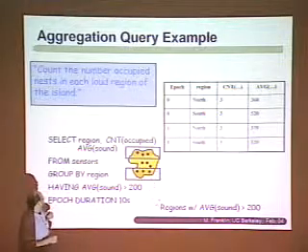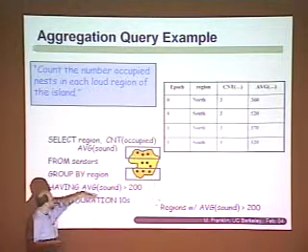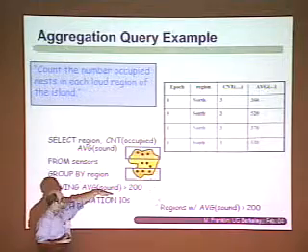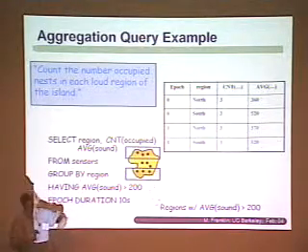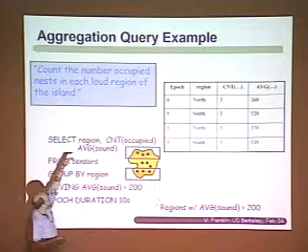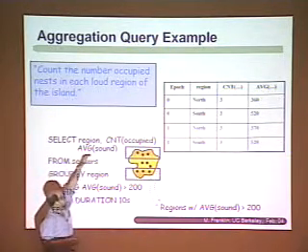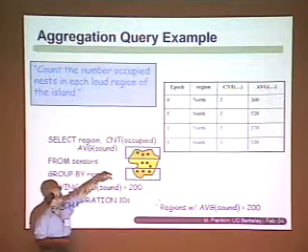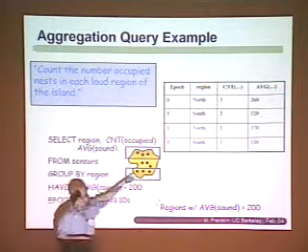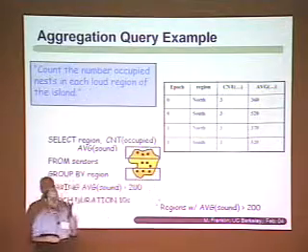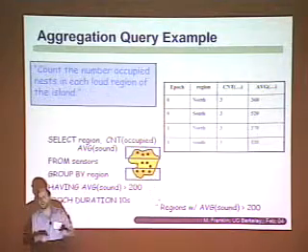And I'm not interested in every region. I'm only interested in regions that are loud, okay, so above where the average sound of the sensors in that region is above a certain threshold. And for those, I'm going to return which region it is, what the average sound reading at each of the sensors in that region is, and also another aggregation which says how many of these sensors are reporting that the nest that they're in is occupied.